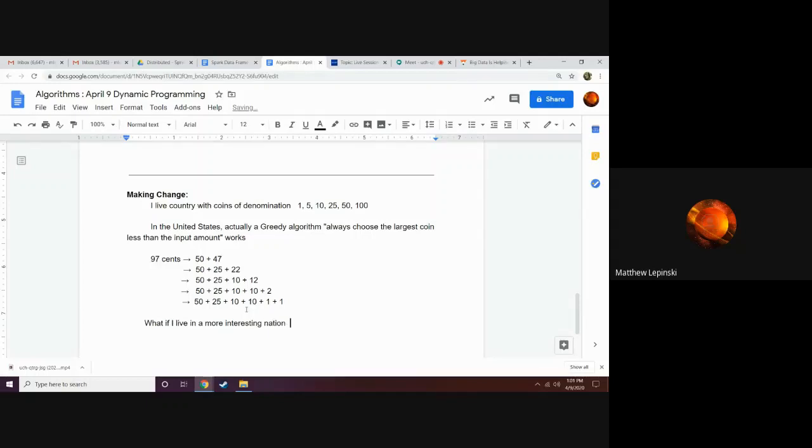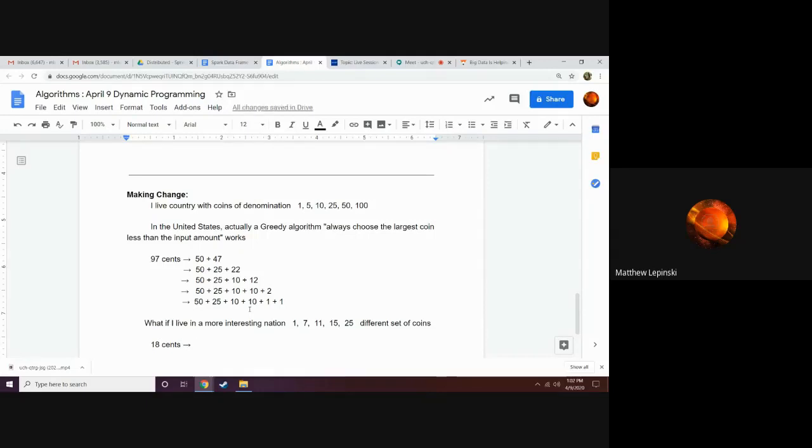What if I have 1 cent coins, 7 cent coins, 11 cent coins, 15 cent coins, and 25 cent coins? Different set of coins.